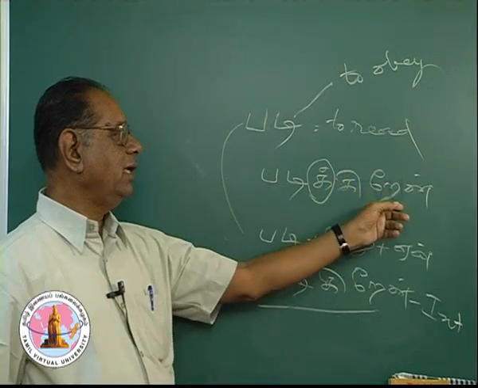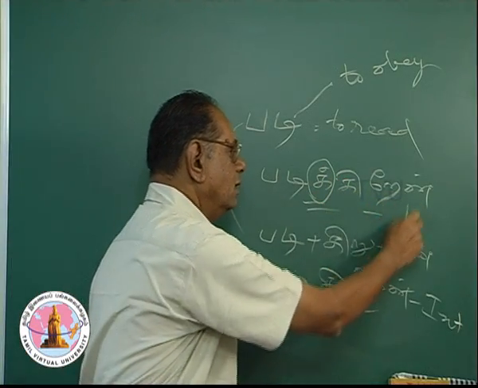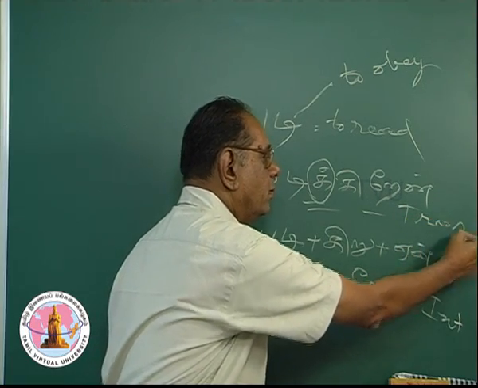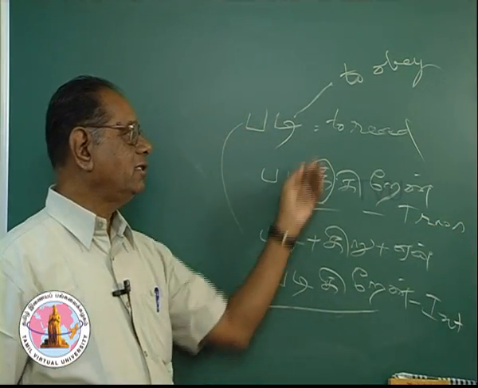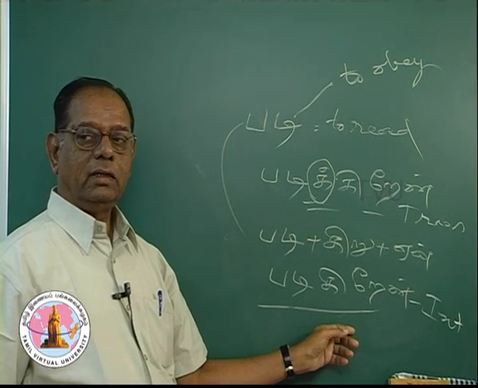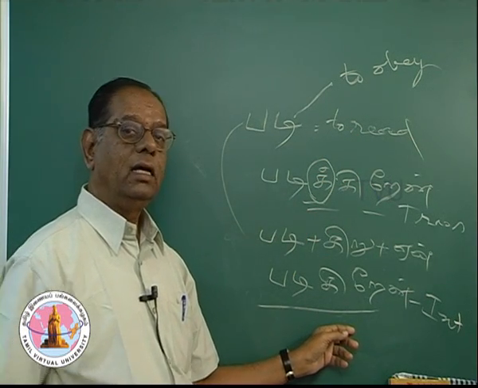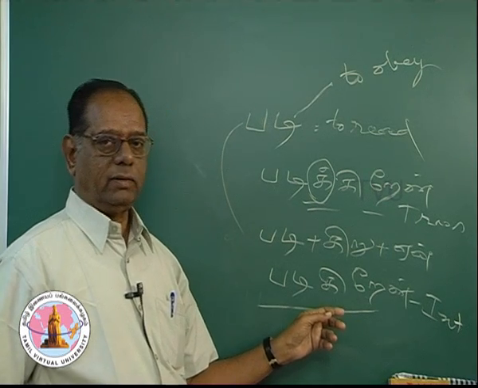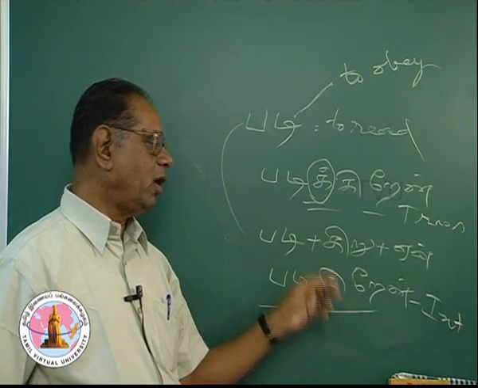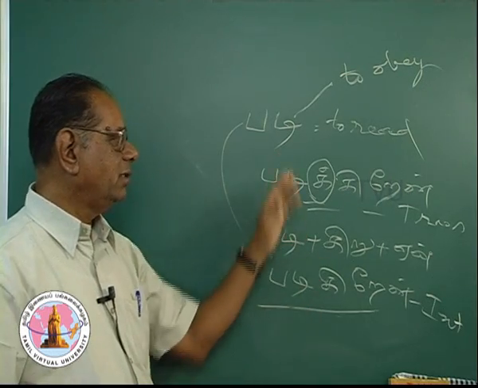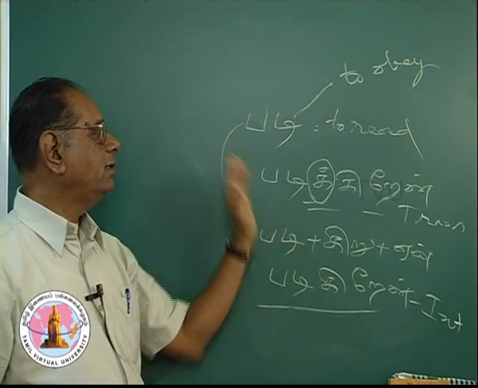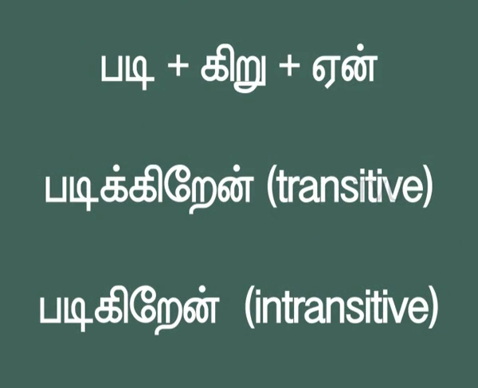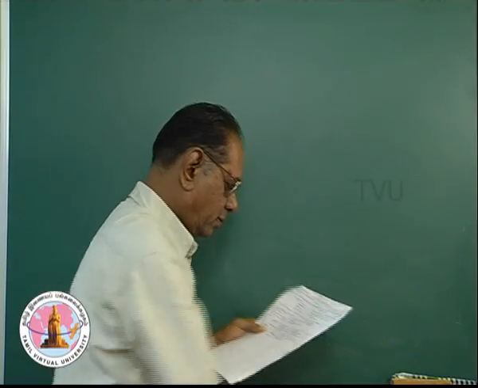Padi plus kiru plus en, padikkireen, is the transitive form. I read something, I obey. In English, it doesn't take any preposition. In Tamil, you have a preposition. So, I am not introducing the case markers now. I am discussing only the conjugation and that too present tense. So, this type of verbs will have two forms of conjugation.